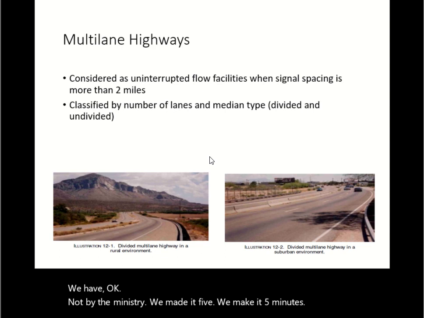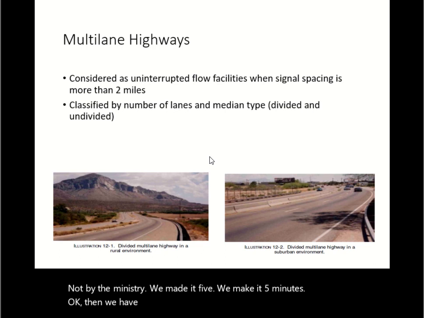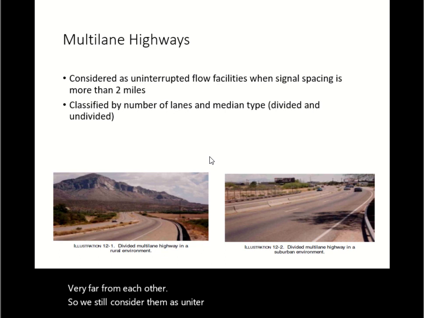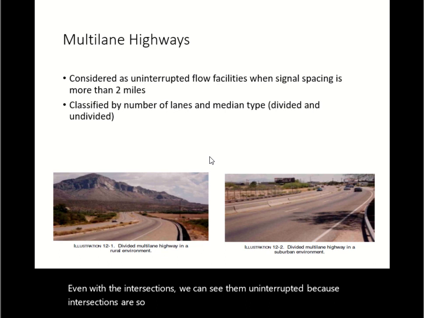Then we have multi-lane highways. Multi-lane highways have intersections, but the intersections are very far from each other, so we still consider them as uninterrupted. Even with the intersections, we consider them uninterrupted because the intersections are so far from each other that there is a very big part of the highway where the intersection has no effect.